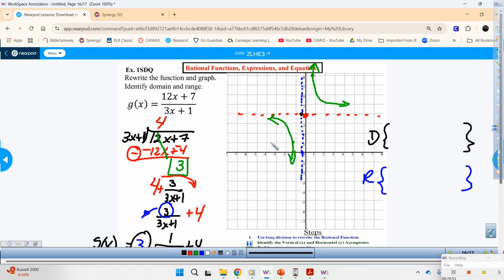So to graph this piece right here, what would be my domain? What x values do I use? Negative 1/3, yes. And what? And for this piece? That is correct. Hands if you got that.